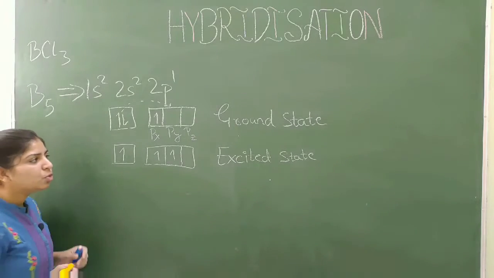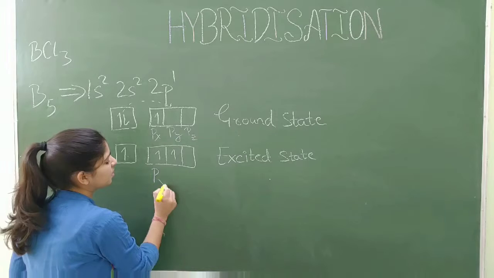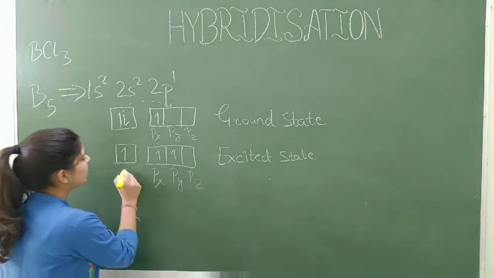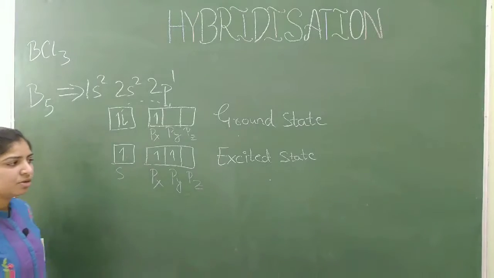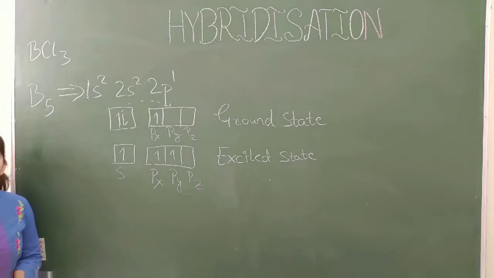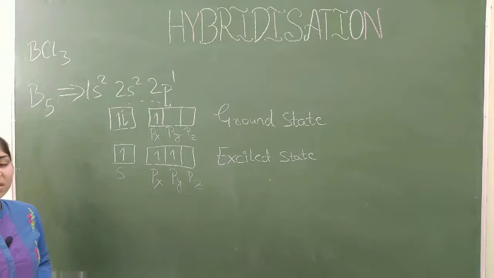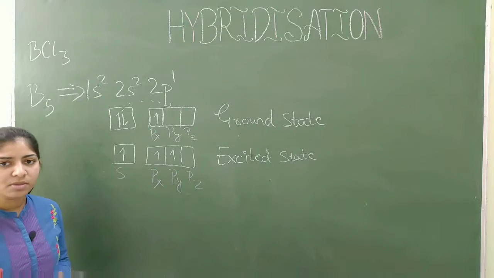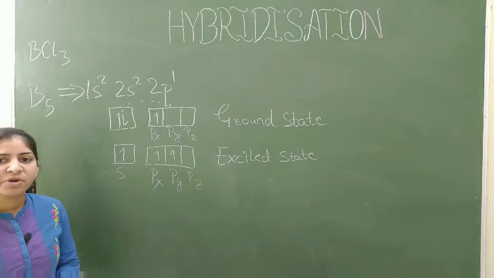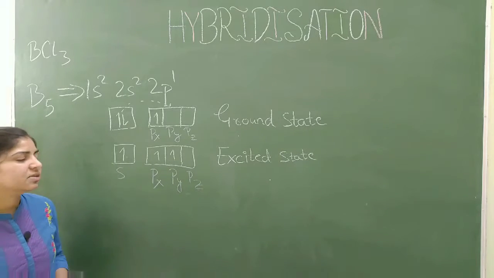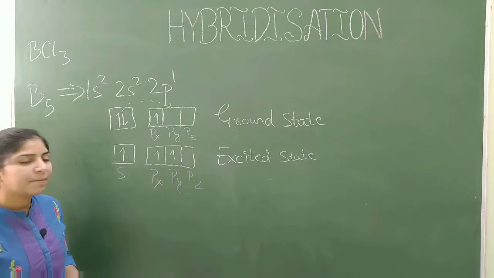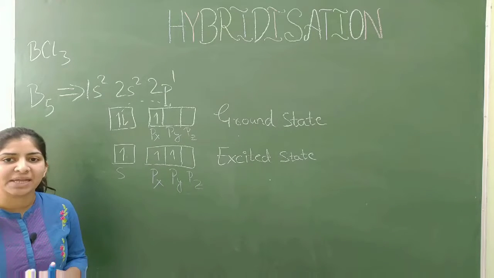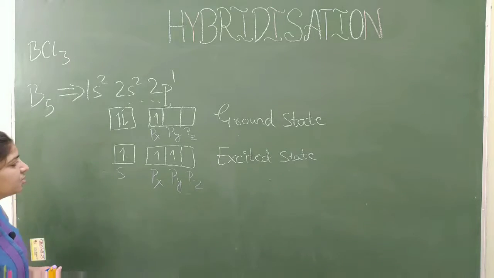Now there are 2 electrons in p orbital and 1 electron in s orbital. So now there are 3 unpaired electrons. It means 3 bonds can be formed by boron, and total number of hybrid orbitals is 3, because there are 3 atomic orbitals combining with each other.